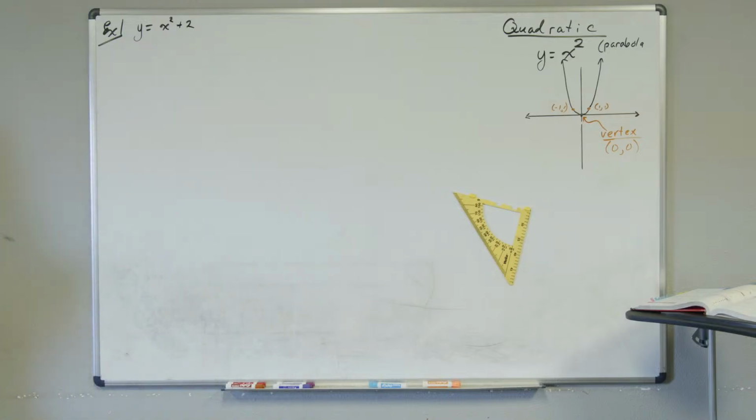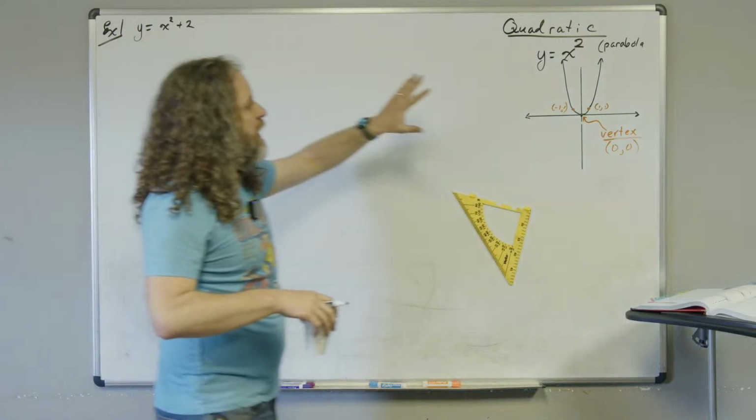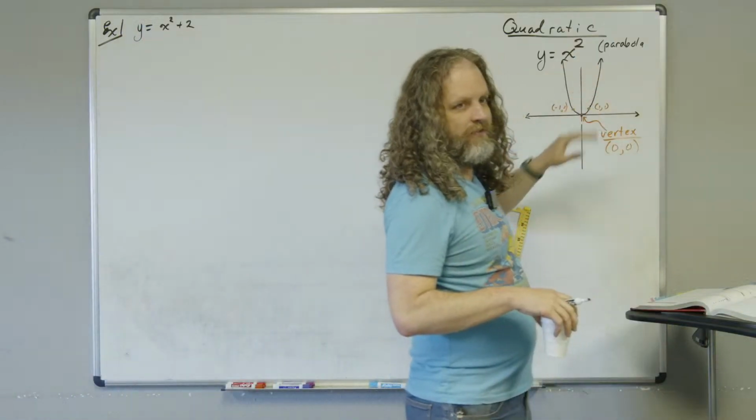So there's 3 letters that you can change. Which one did we change? A, H, or K? Is it inside the parentheses or outside? It's outside, so which letter is that? Well, A is multiplied, but yeah, they're both out. K is the one that changed. So how does this change this?